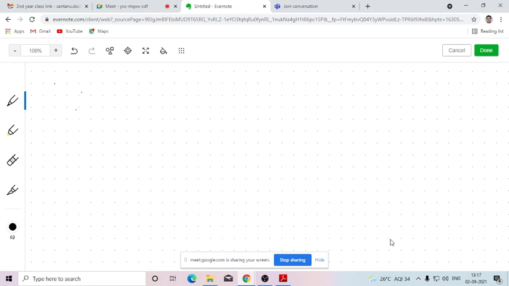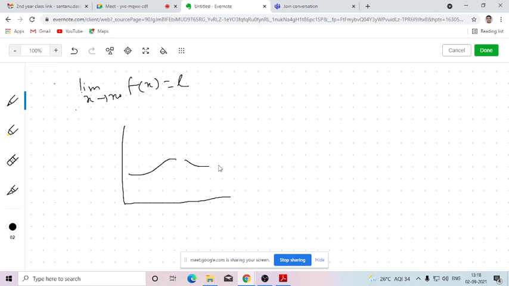So what is the epsilon delta definition of limit? I am telling it for a function of one variable, then we will incorporate these things for a function of a complex variable also. Let's say we need to find the limit of a function of one variable, limit as x tends to x0 of f(x), equals L. L is the approximated value of the function at x0, since at x0 the function is not directly defined.